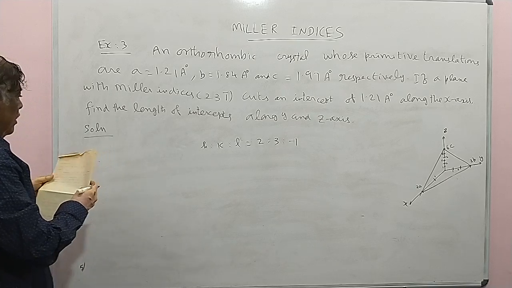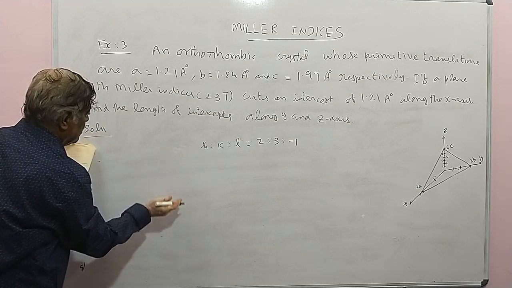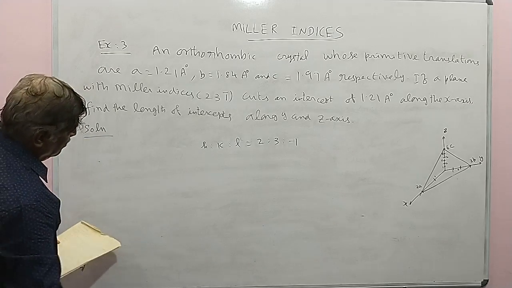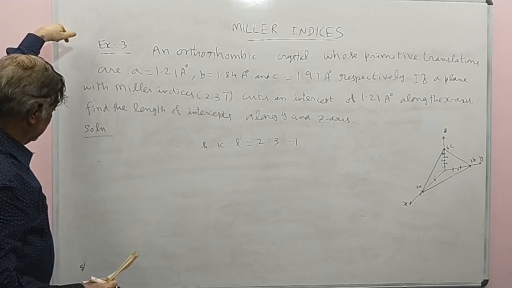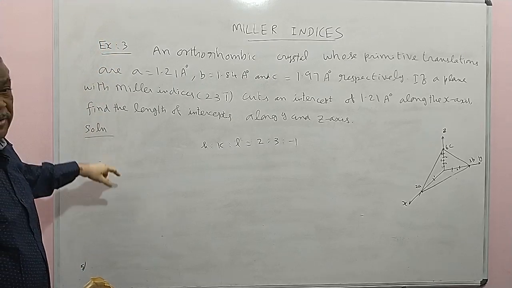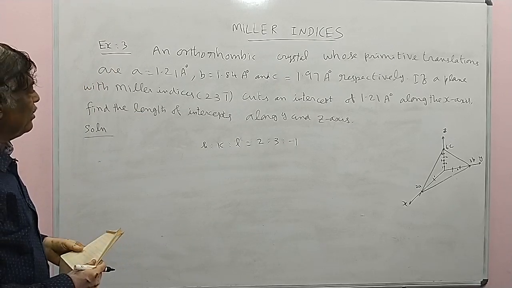Actually this is the reciprocal of some number. So we are going to solve this problem not from step 1 to 5, which we have already mentioned, but from step 5 to 1. So in that direction let us move.